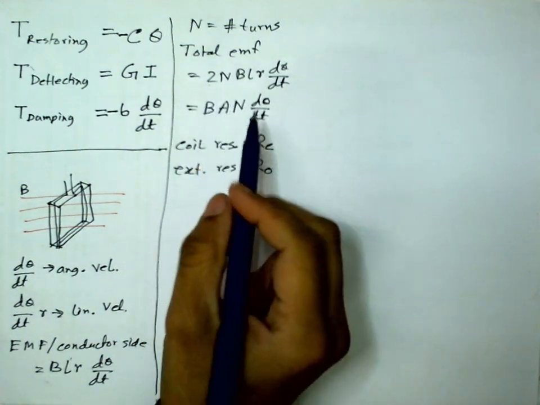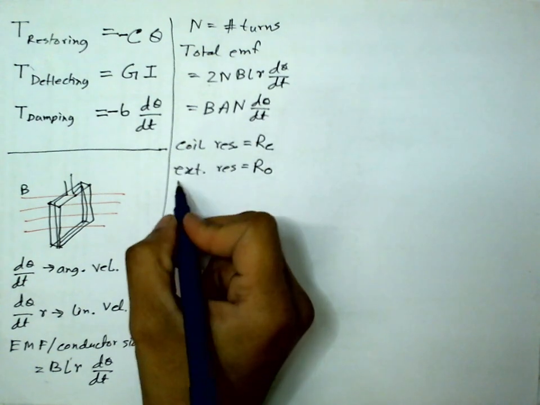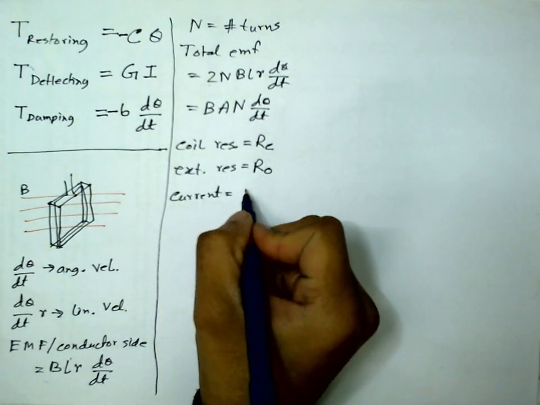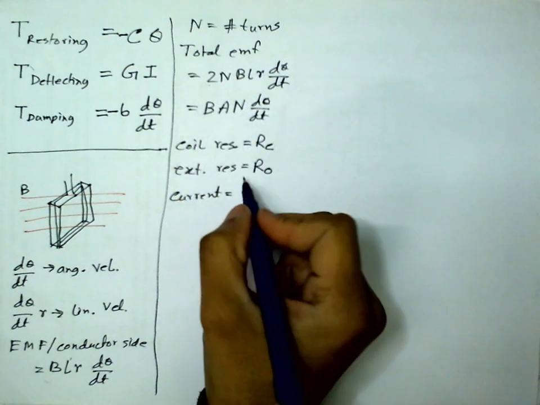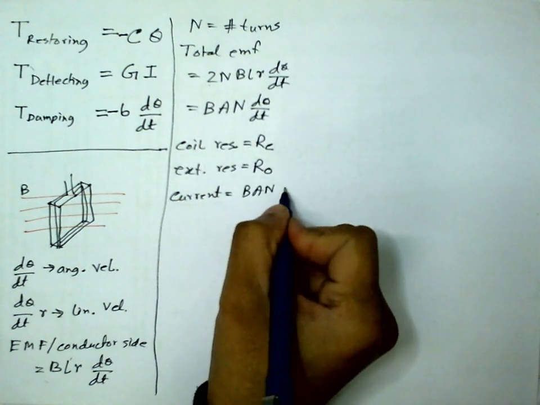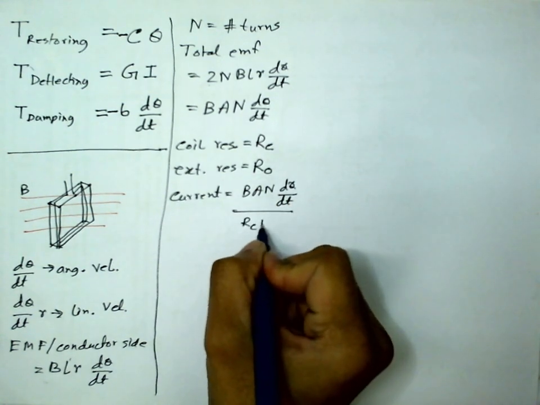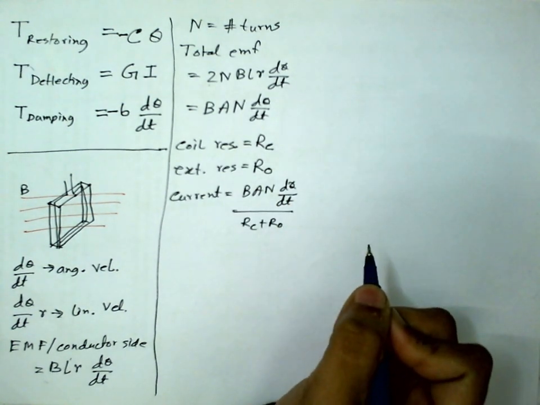Then the current that will be caused by this EMF is given by this EMF, BAN d theta dt, the whole divided by RC plus RO.